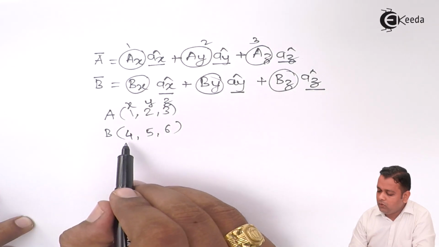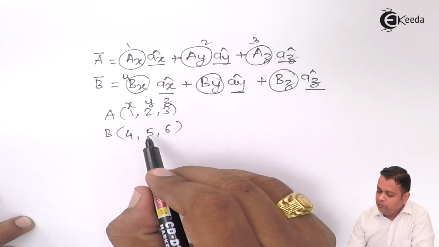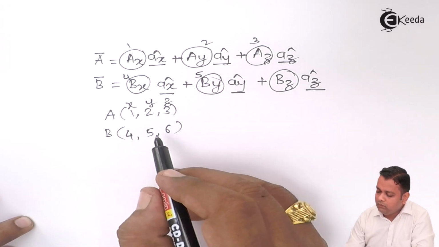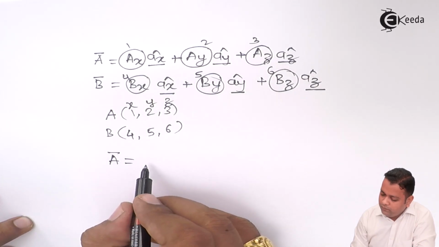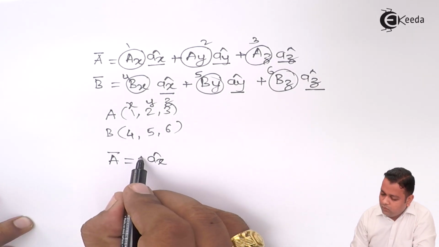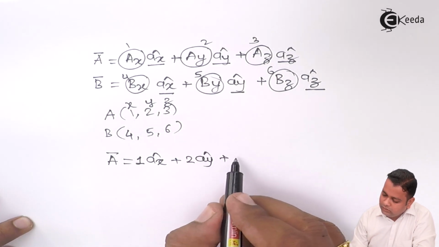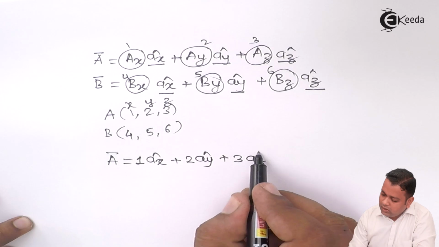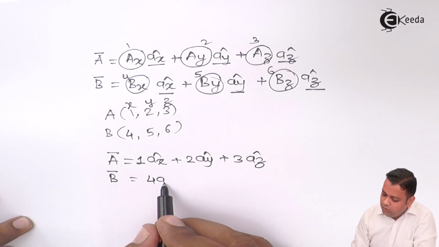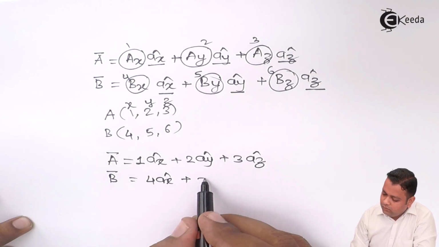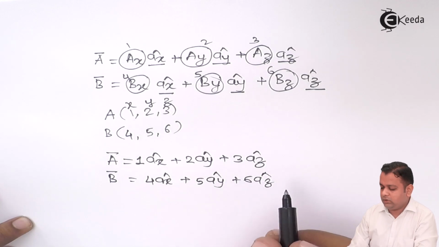Similarly, for B having coordinates 4, 5, 6, Bx will get the value 4, By will get the value 5, Bz will get the value 6. So A bar will be represented as 1 ax cap plus 2 ay cap plus 3 az cap. B bar will be represented as 4 ax cap plus 5 ay cap plus 6 az cap.